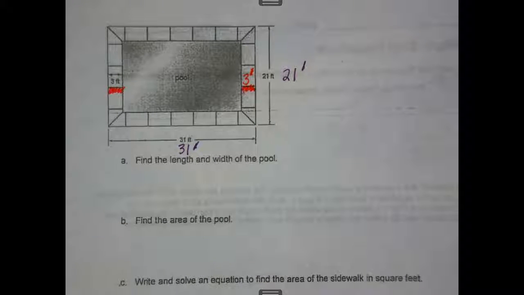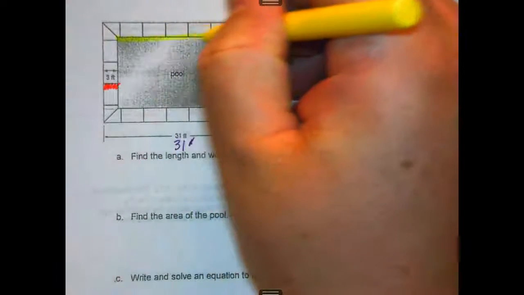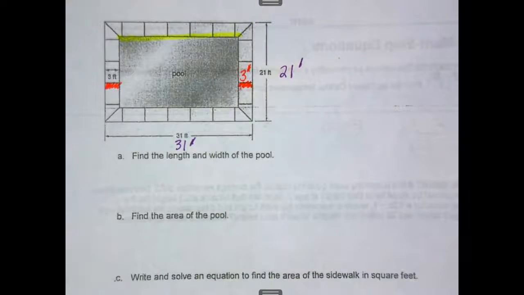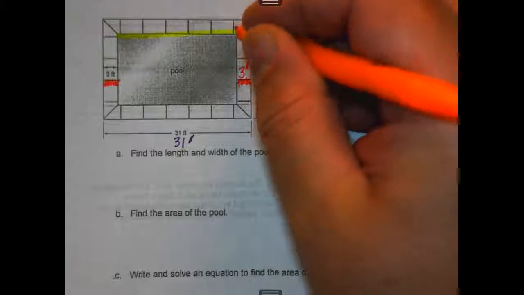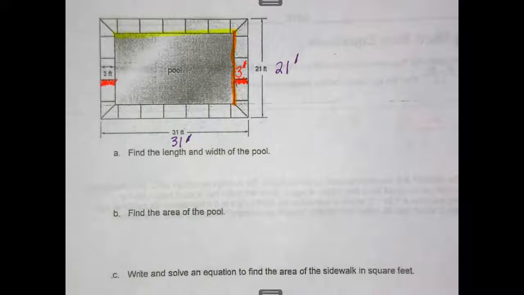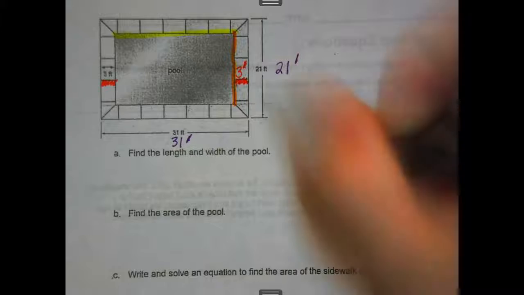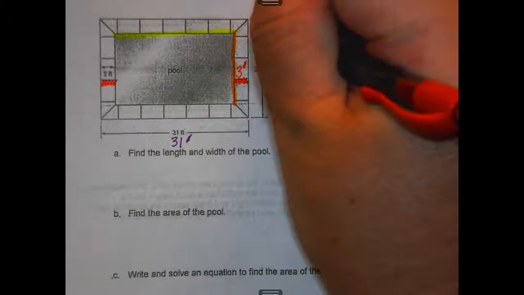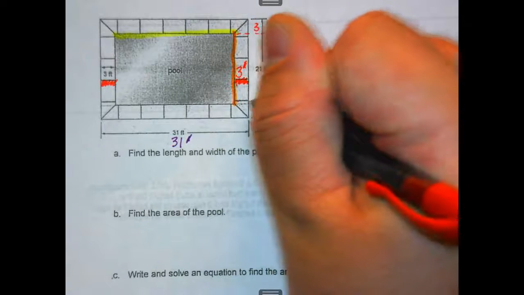So we're looking for the length and the width of the pool. We know there's an extra 3 feet here and an extra 3 feet here.